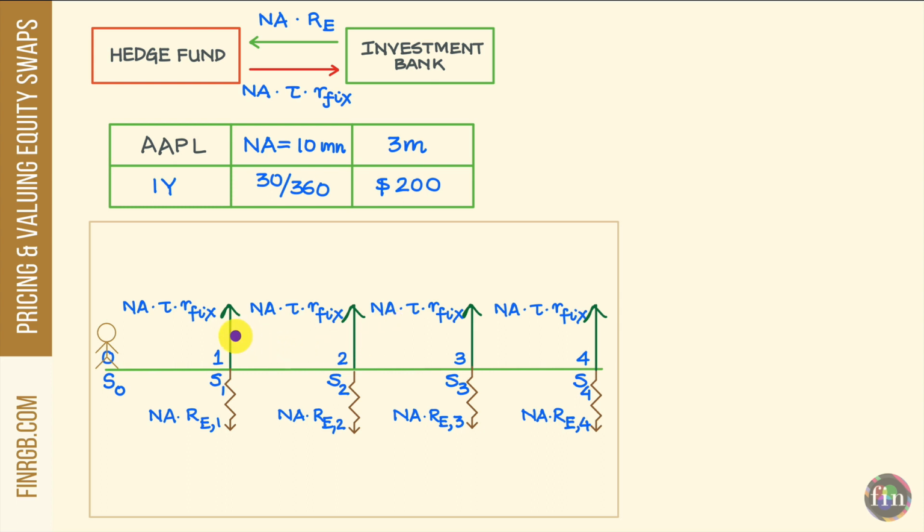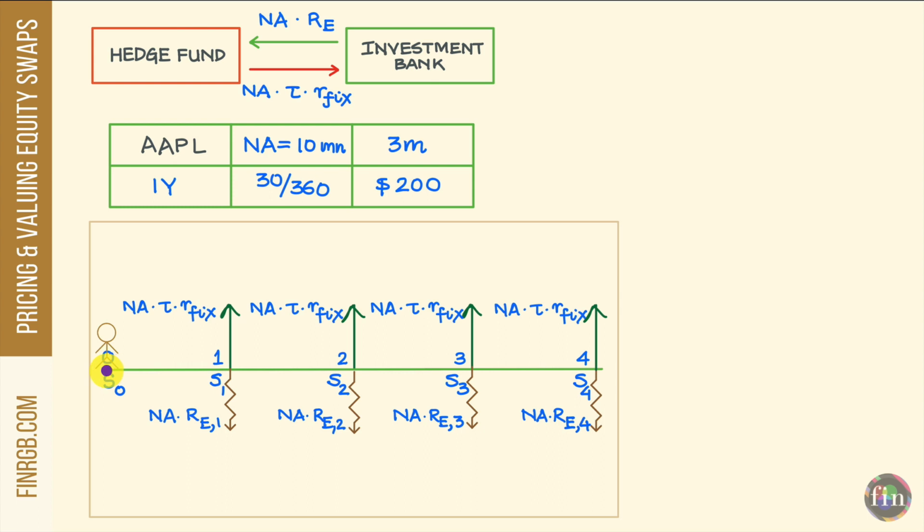Now, if I were to talk about the cash outflows, these cash outflows are essentially linked to the performance of the stock of Apple. The 3-month returns which are offered by this stock. Now, as of today, let's assume that the price of Apple is S0. Let's say it's given to be $200, and as of these future points in time, let the price of Apple be denoted by S1, S2 all the way till S4.